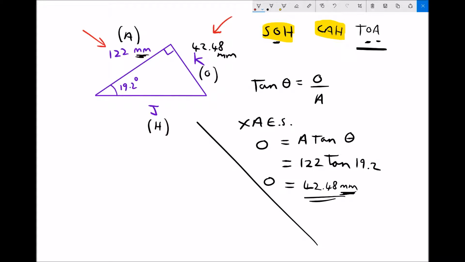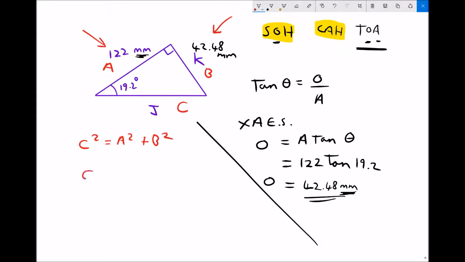Now, if we label this triangle a little differently, in the same manner we did when we did Pythagoras' theorem, our longest side is always called C, and our two shortest sides are called A and B. We then took our Pythagoras equation, which was C squared equals A squared plus B squared.